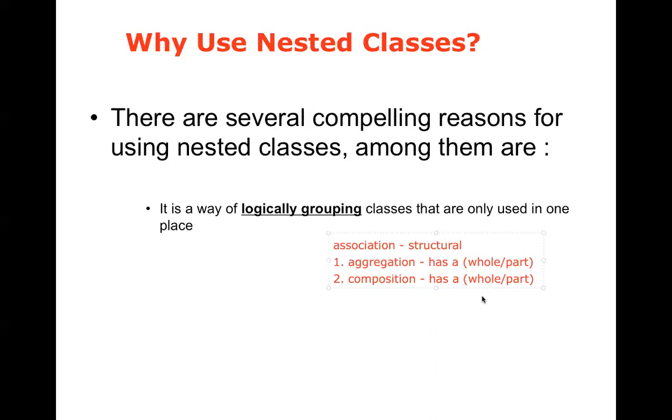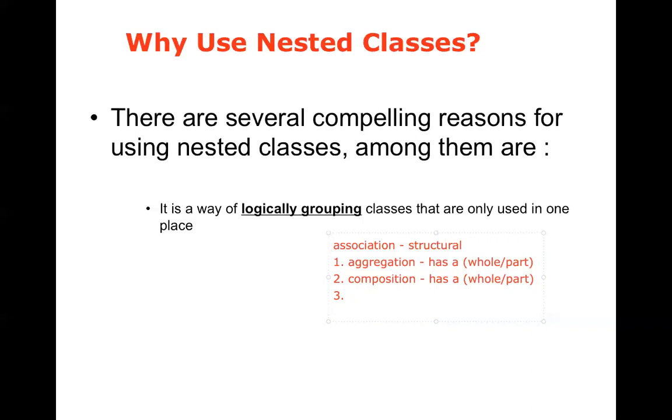And in your modeling, if you find any composite relationship between any entities, then those have to be made as nested classes. So your whole will be the outer class and the part will be the nested class. That's how you actually have to make up a nested class. Otherwise there is no need, because we can create a number of classes, we can create objects of those classes, and we can use them wherever we want.